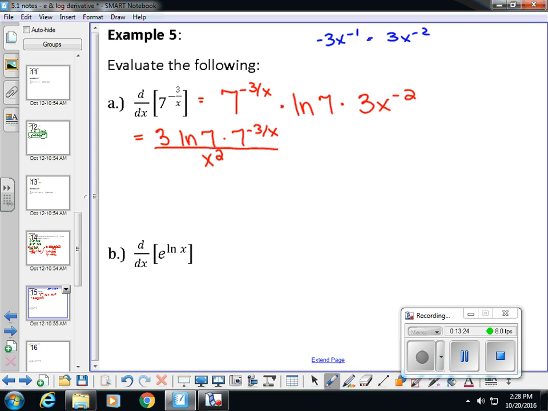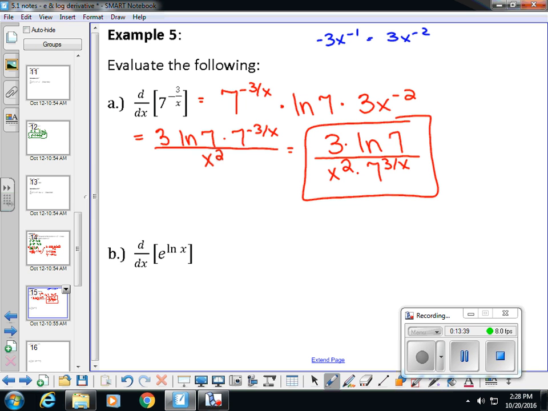And then I don't want that negative exponent in the numerator, so I'll probably say 3 times the ln of 7 over x squared times 7 to the 3 over x. And the reason I would just rewrite them is so that I don't have any negatives in my exponent. B is a little bit easier.